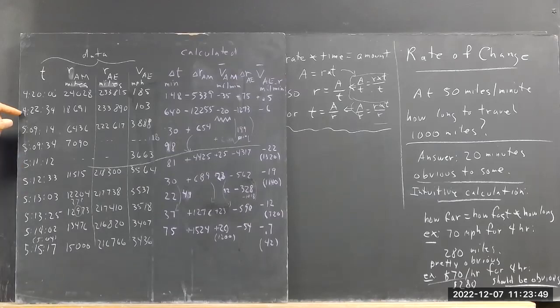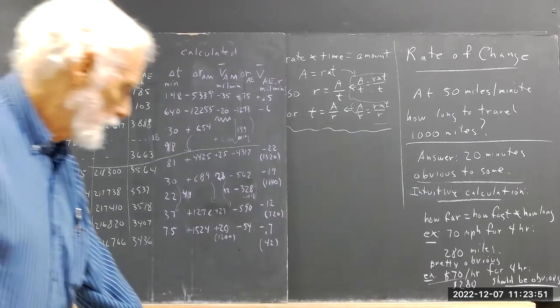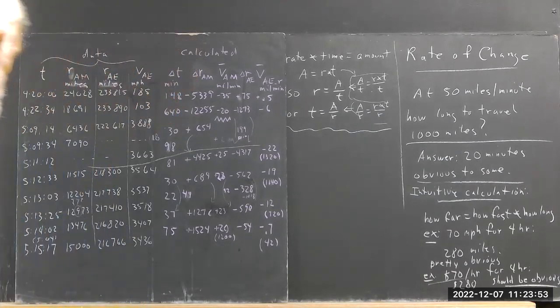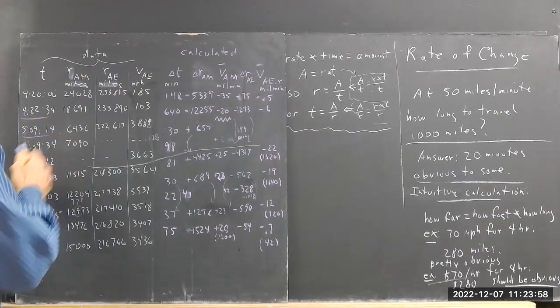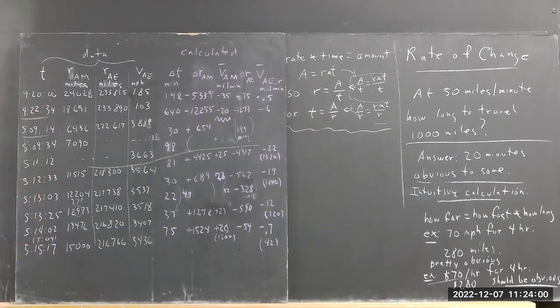So my question is now, between this time and this time, how fast was it approaching the moon? It's this far away at this time, this far away at this time. Okay, see if you can work that out.